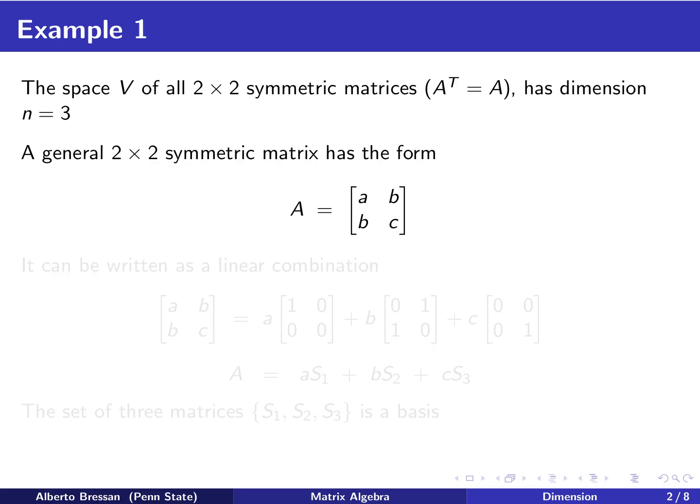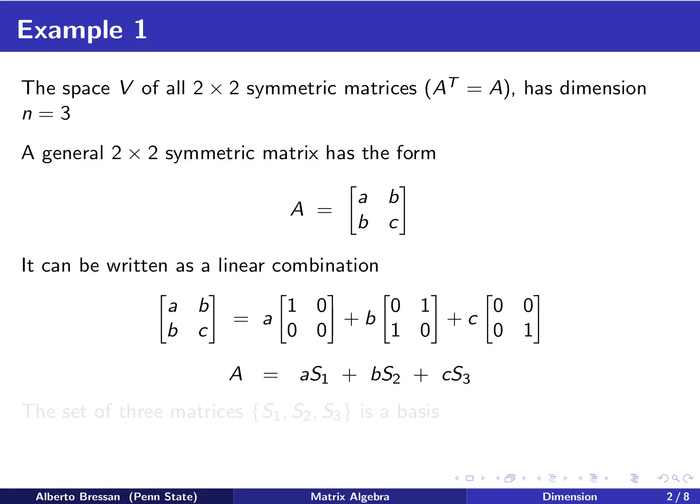So we can write a general 2 by 2 symmetric matrix as the following, and we can put 2 different symbols for the diagonal, let's say A and C. And those 2 off diagonal, they must be the same. So we can put just a variable b here. Okay. So we see that we needed 3 coefficients here to represent this matrix A.